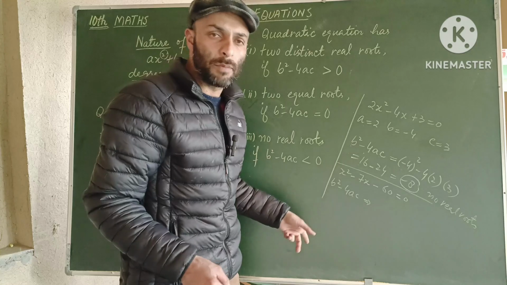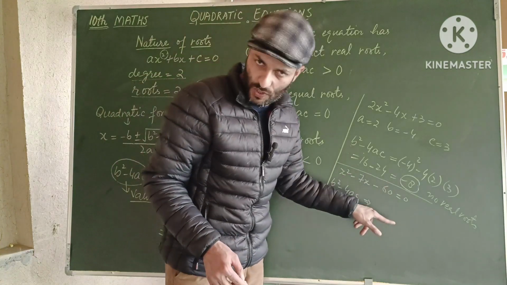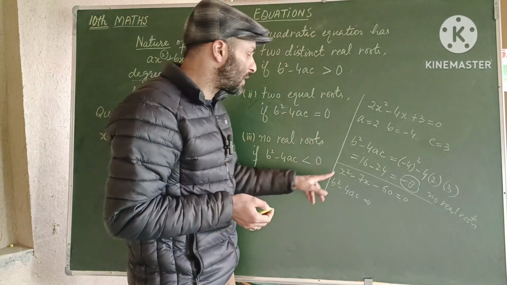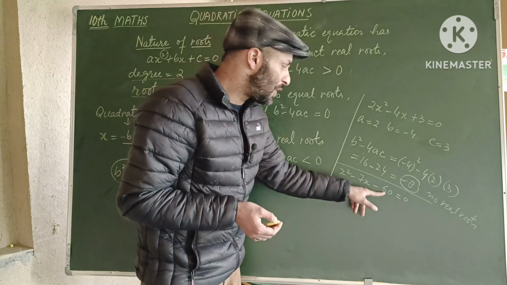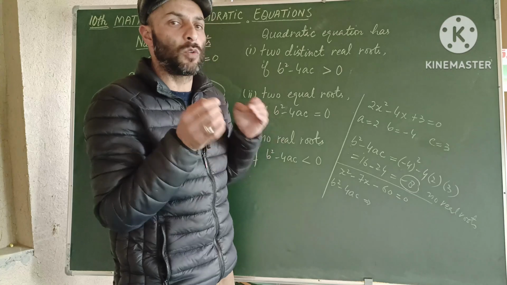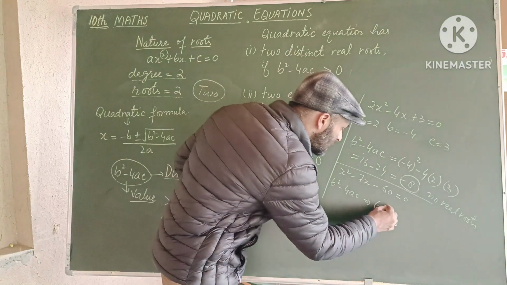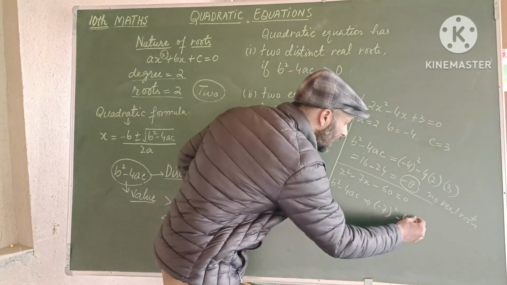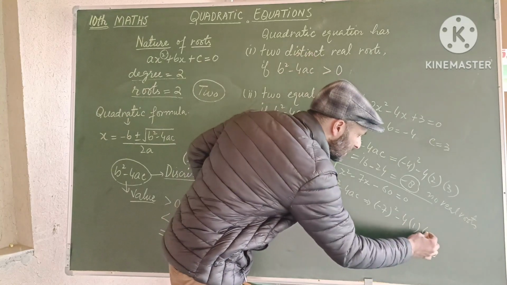Next example: x square minus 7x minus 60 is equal to 0. Here a is 1, b is minus 7, and c is minus 60. Now the discriminant b square minus 4ac is minus 7 square minus 4 times 1 times minus 60.